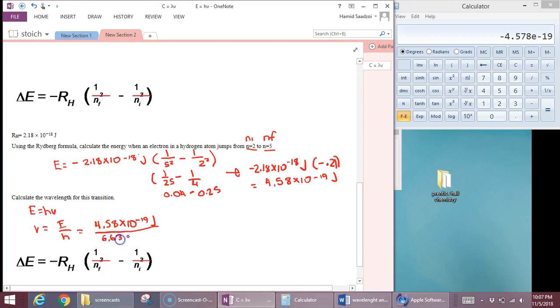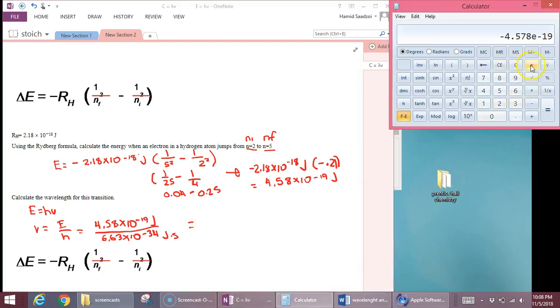We're going to just round that up, times 10 to negative 34 joules times seconds. So take that number, let's flip the sign because we realized it was positive, divided by 6.63, exponent button again, negative 34.